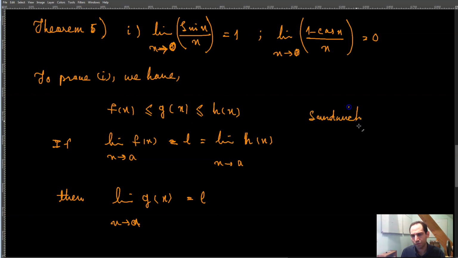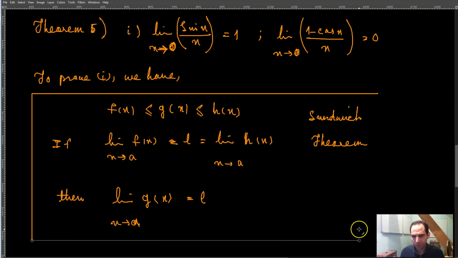You need to excuse my pen, it's not writing very properly. I need to restart my computer probably after this recording. So this is the Sandwich Theorem.